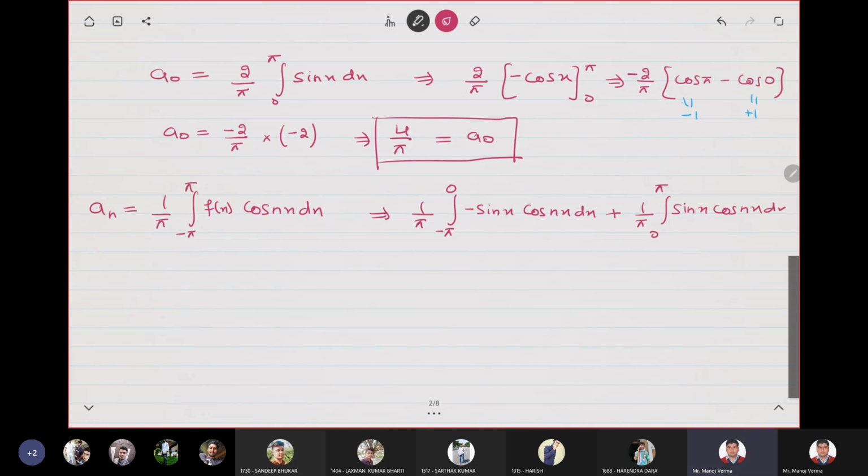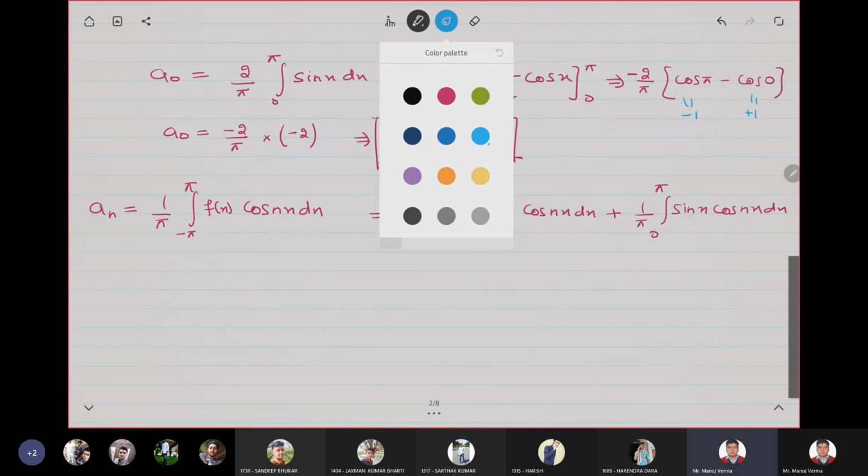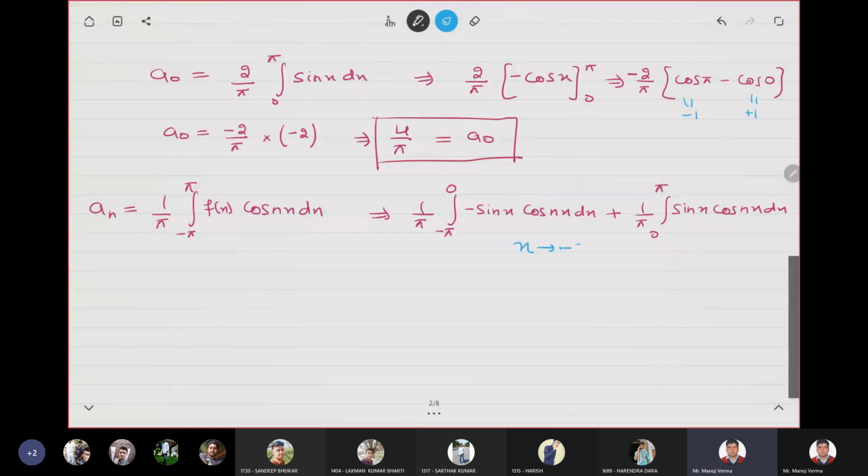Again I will interchange my x with minus x. I will replace x by minus x and dx will also be replaced by minus dx, and of course the limits will change like this: minus pi will become pi.